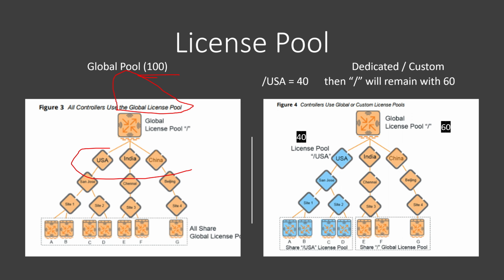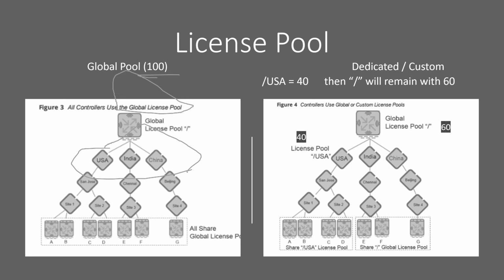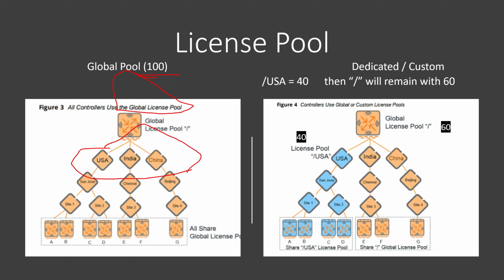You have three managed network folders, where, remember the Nashville folder I created under managed networks? That's what I'm talking about here. You have USA, India, and China. If you do not do anything and you just create this managed network infrastructure, your 100 licenses will be shared among all your managed networks. And these devices will just pull their own license from the MM and go on about their business.